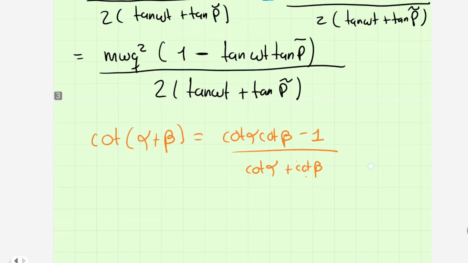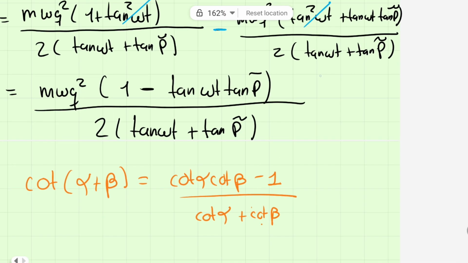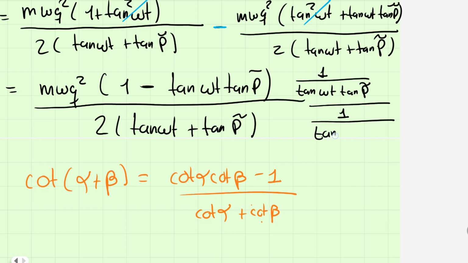Cotangent beta. Okay, perfect. But we do not have any cotangent here. So what are we going to do? Well, we are going to multiply by 1 divided by tangent omega t, tangent p tilde, here in the numerator, and then in the denominator we are going to do obviously the same thing to get this.